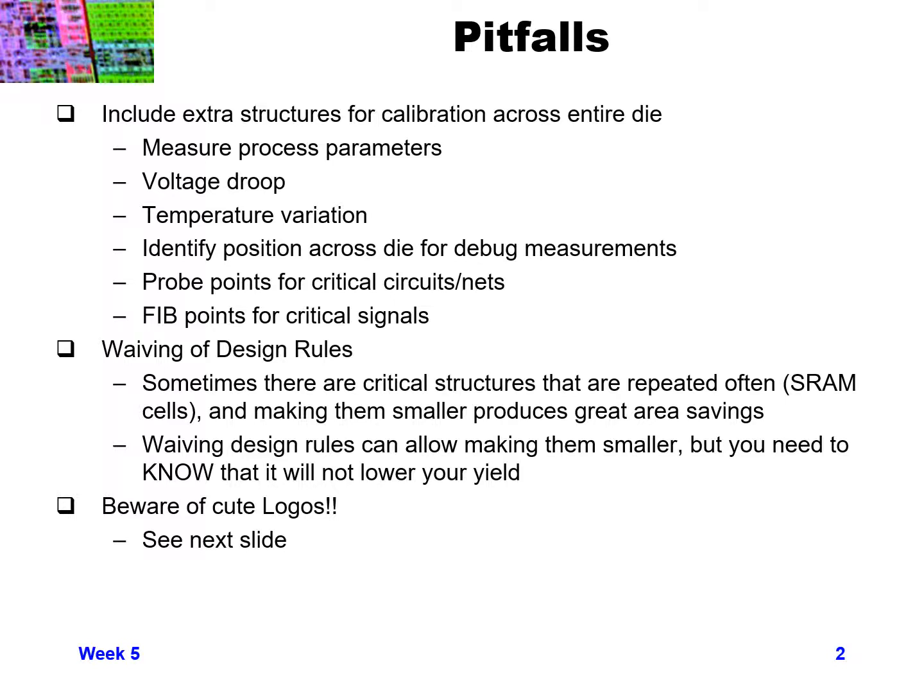Sometimes they'll create an SRAM cell that technically violates certain design rules, but the people who are creating it work with the process team closely enough that they know exactly what violations they're allowed to do and still create a working SRAM cell, just as an example. So potentially waiving design rules can allow you to make something smaller, but you really need to know for sure that it's going to be legal and that it's actually going to be manufacturable and it won't lower your yield.